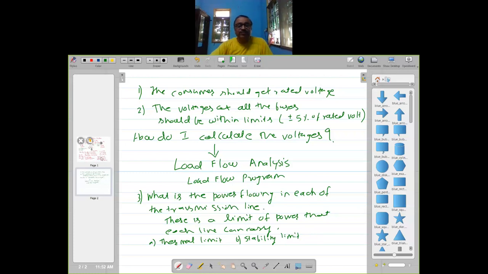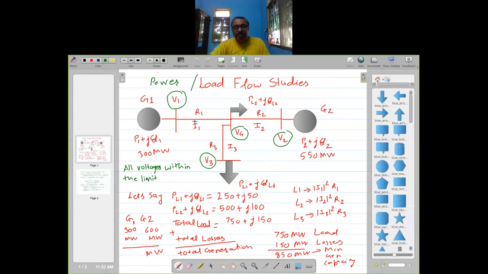Thermal limit means if you try to pump in more power than the thermal limit, then there is a chance that the conductors will become hot, because anyway, as I said, hundreds of amperes of current is going to flow in the transmission line. That is going to make the conductor hot.